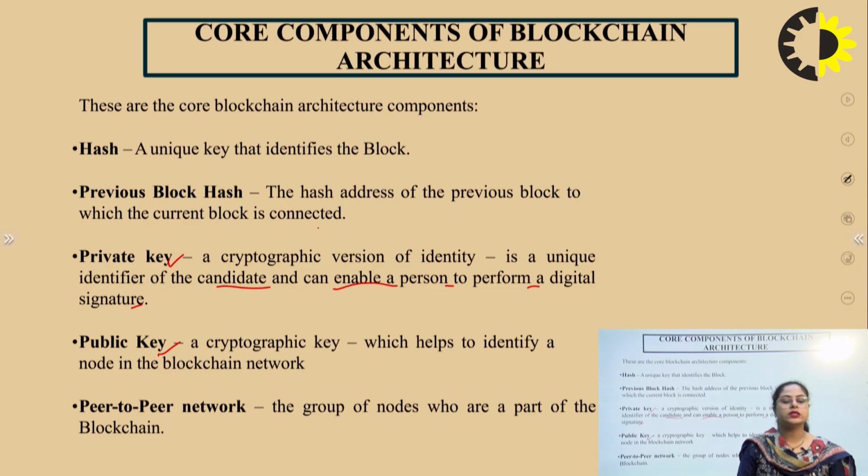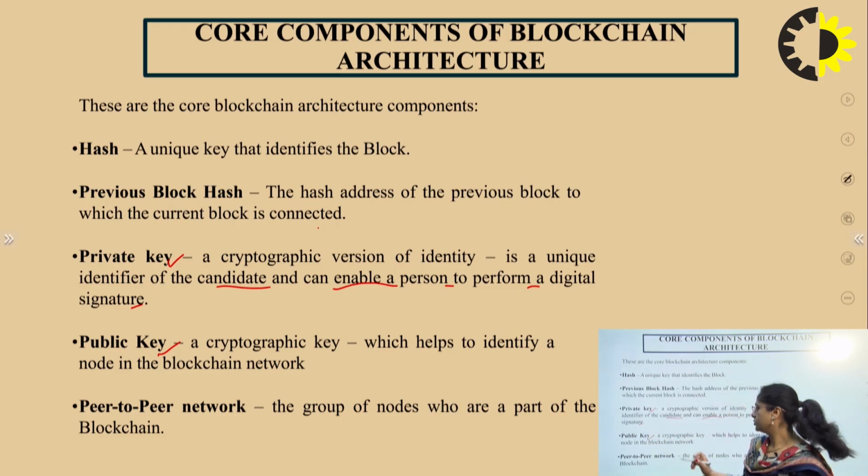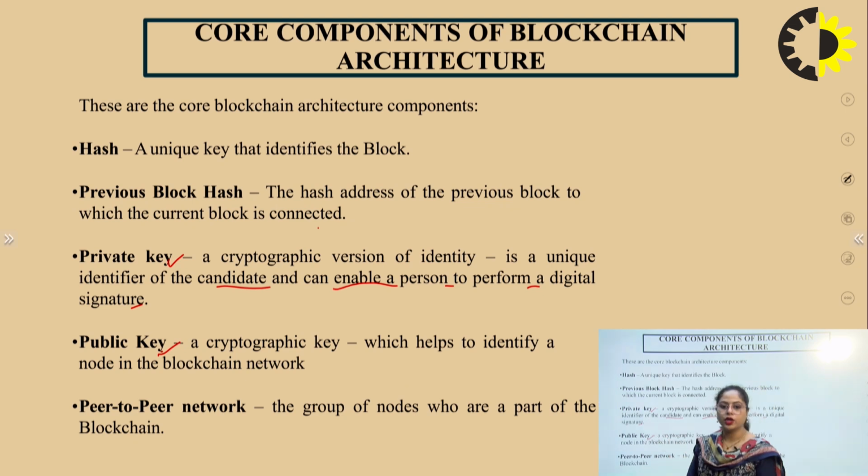If someone sends data from A to B, then that data will be in encrypted format. If we have to decrypt this data and see the original data A has sent, we can decrypt that data by using the public key of node A. So here the public key will be used for the decryption.